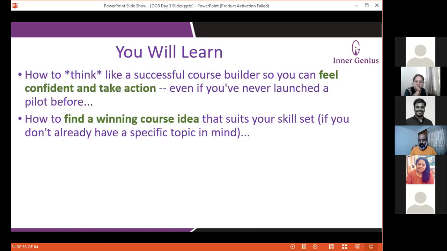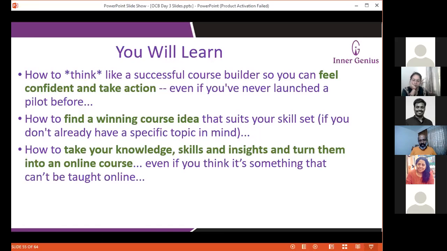If you already have a specific topic in mind, fantastic, you have already crossed that with our inputs on the first day of these 3 days. Then how do you take advantage of your knowledge, skills and insights? You need to turn them into an online course. That's a process that one needs to learn. Even if you think something cannot be taught online, I will show you how to convert it into an online course.